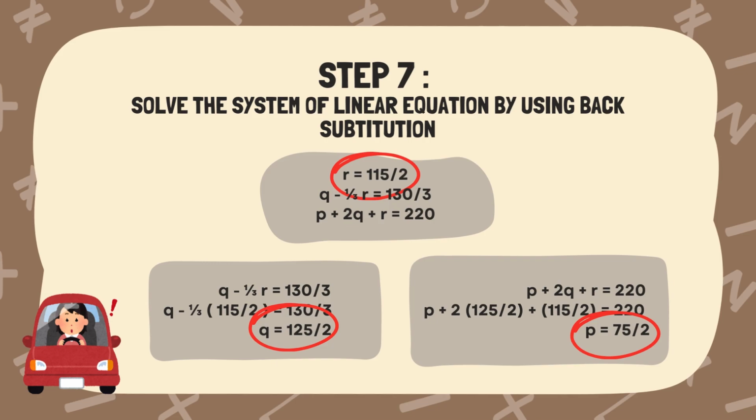Substitute the value of R into the equation, and then we can calculate the value of Q. The value of Q is 125/2. To find the value of P, we use the equation P plus 2Q plus R equals 220. Substitute the values of Q and R and calculate the value of P. P equals 75/2.